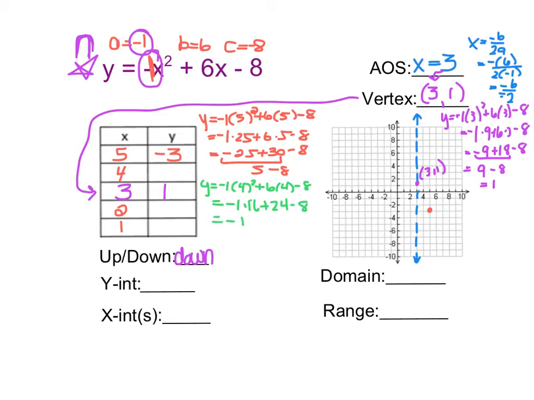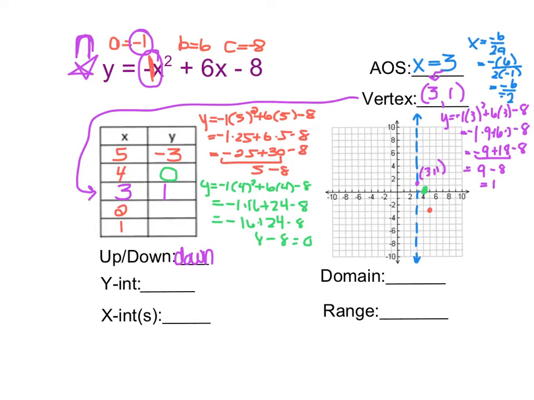So I end up with negative 16 plus 24 minus 8, which becomes 8 minus 8, which is 0. So here we have when x is 4, y is 0. And I can go to my graph, and I can plot that point there.